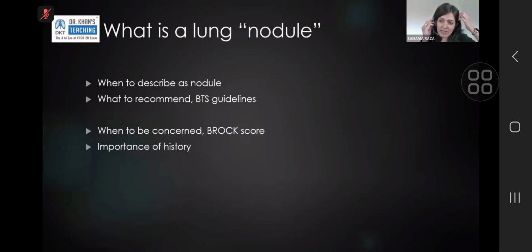The BTS guidelines take into account a lot of data, a lot of research, and this has been validated by a large population cohort in America and UK. That is the basic principle they are based on. So if somebody already has cancer or has a known history of cancer, these guidelines don't apply. It's really important to remember.